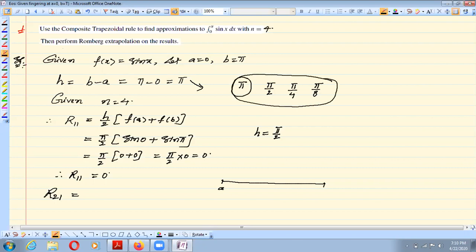First subpart is of length pi. Second portion, that means R21, will take pi by 2 length. Now a means how much the value? 0. Next one, 0 plus pi by 2. Here h can be considered as pi by 2, so that is pi by 2.